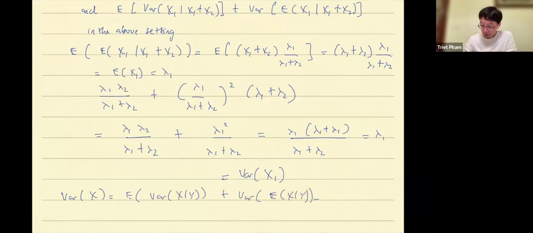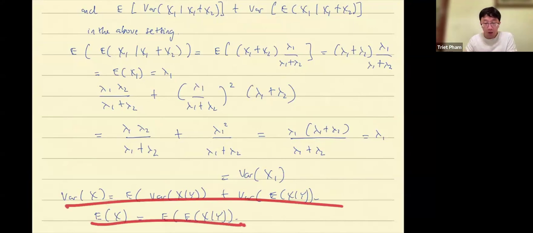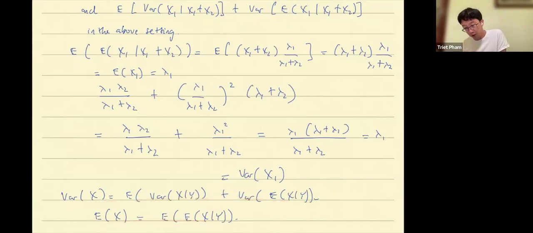Which again is a much more sophisticated formula than this. But we will work with both and we'll use both to solve problems. It's just giving you a preview of what's coming up next.